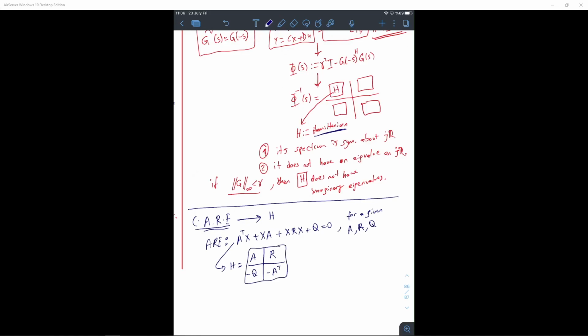Why does this Hamiltonian have something to do with this algebraic Riccati equation?